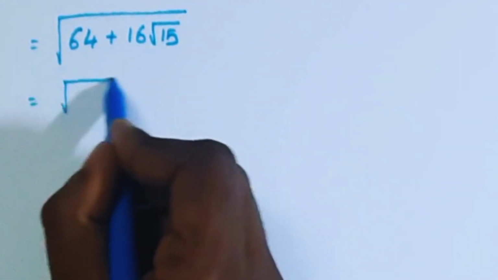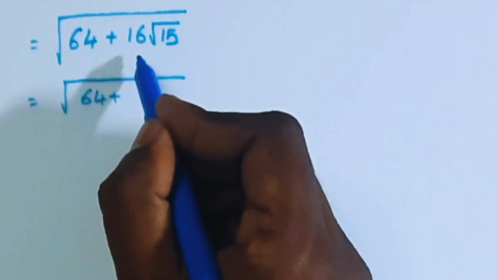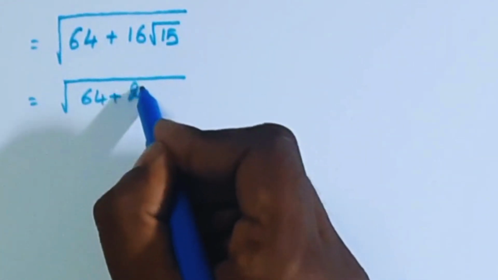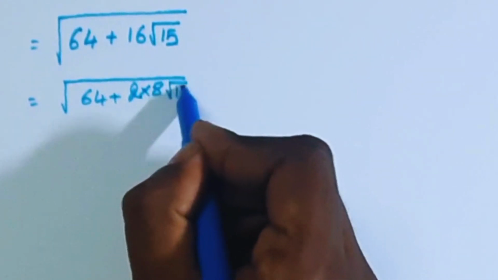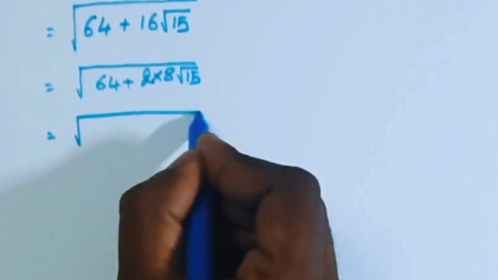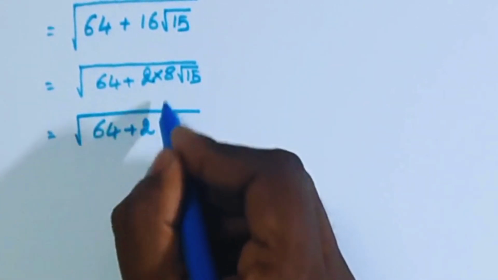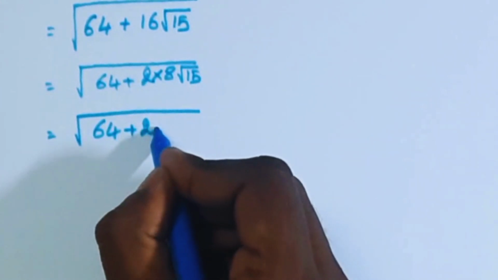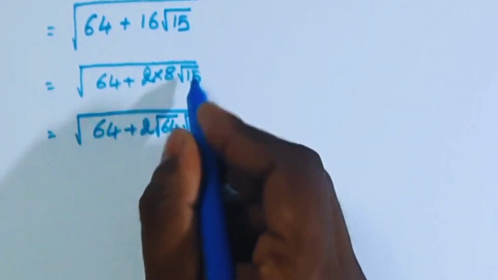Now 64 plus this 16 can be written as 2 times 8, in square root of 15. Square root of 64 plus 2 times 8 is square root of 64 times 15.